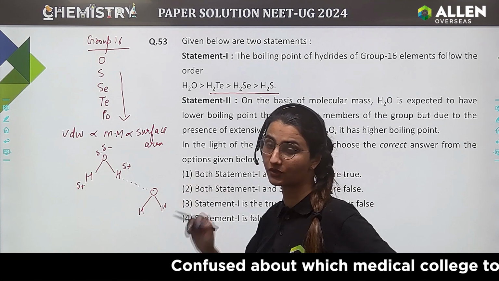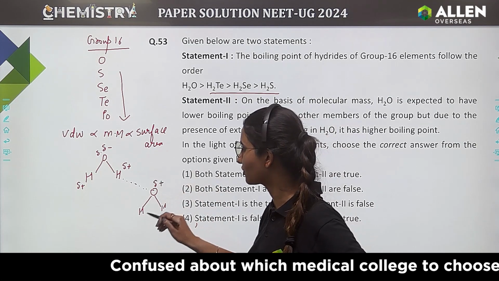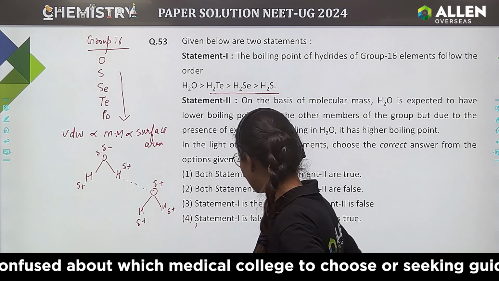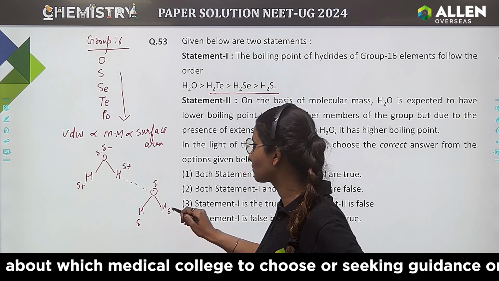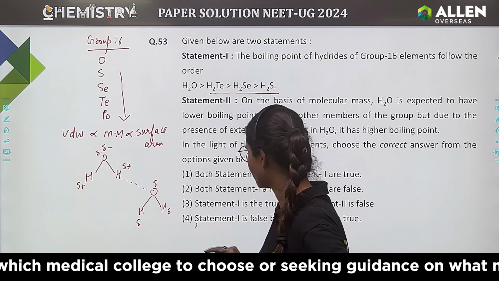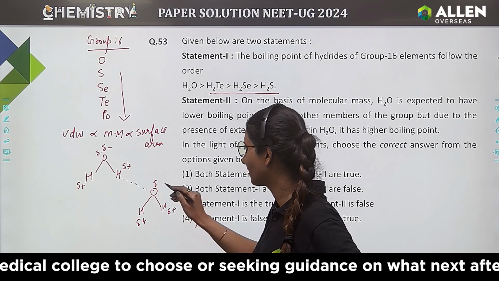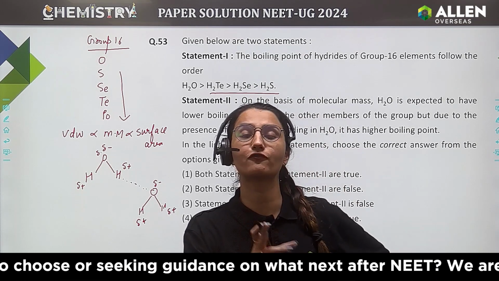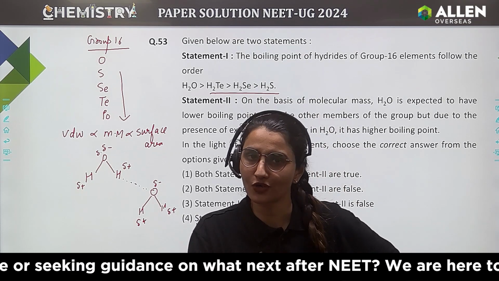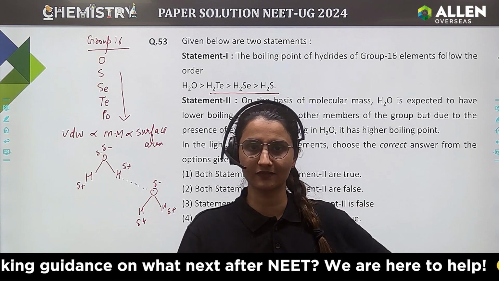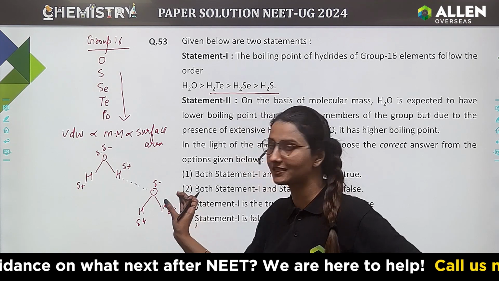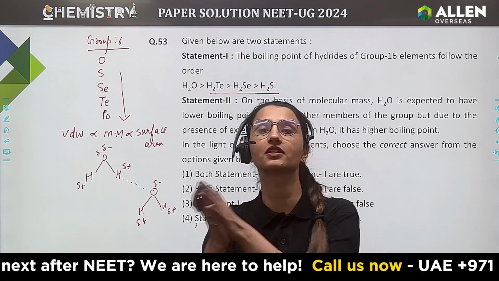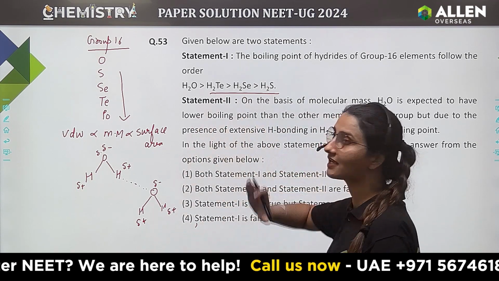This O can also interact with other H, yes. So this is hydrogen bonding. And hydrogen bond being a type of dipole force, it is stronger than van der Waals forces. So this hydrogen bonding makes the boiling point of H2O exceptionally higher. So this order is precise for boiling point.